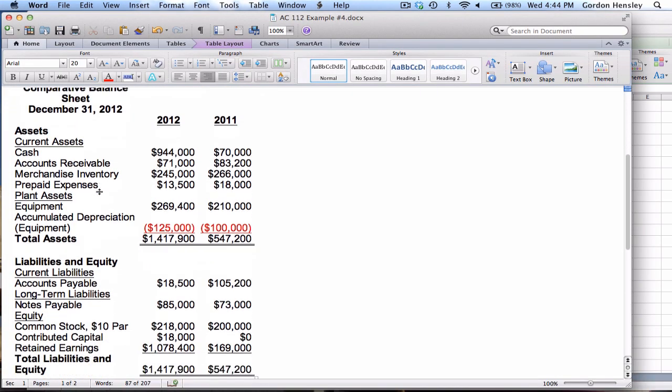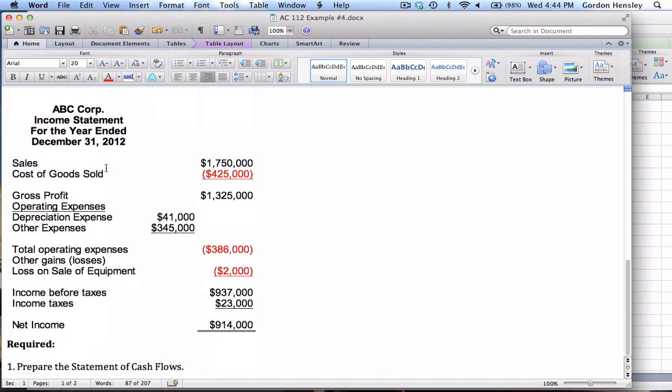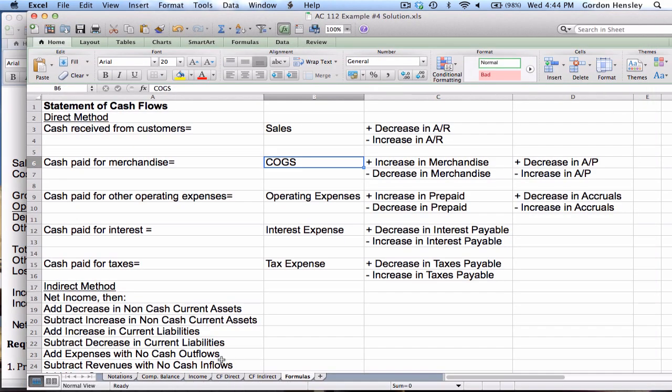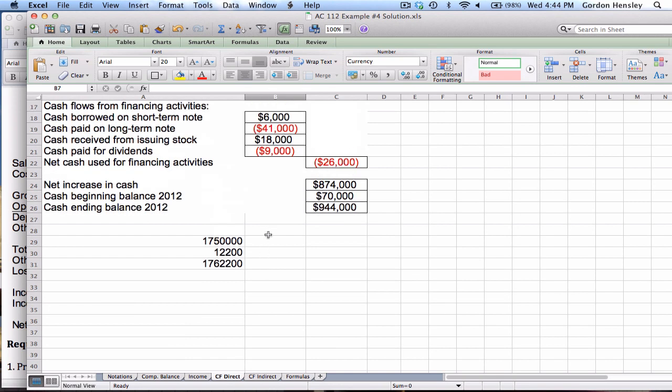So cost of goods sold, where's that going to be? That is going to be on my income statement. The very second thing right below the sales, cost of goods sold, $425,000. So I'm going to go down here on my statement and down here so I can do some extra calculations. And I'm going to put the $425,000.